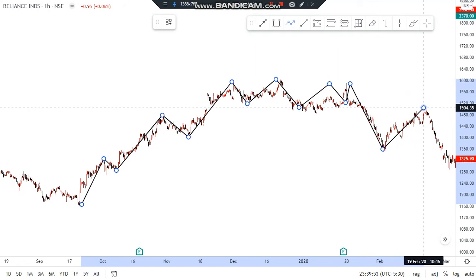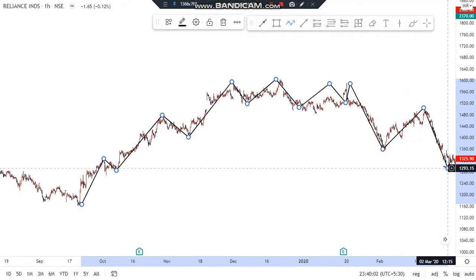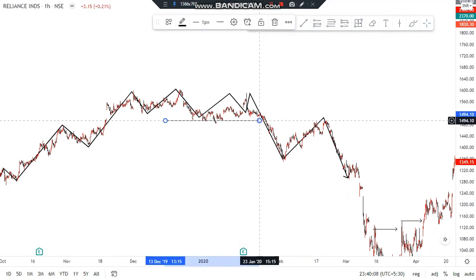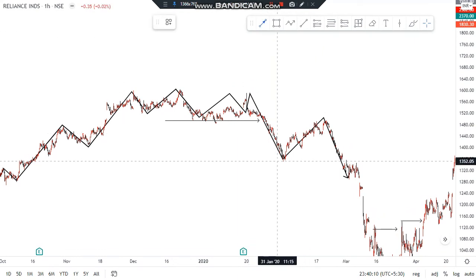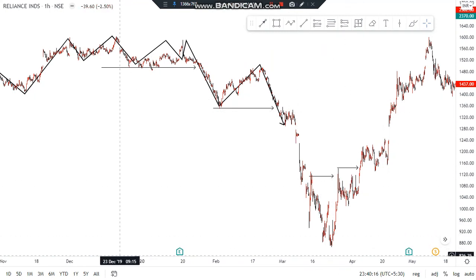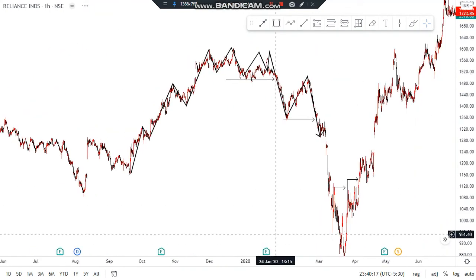Okay, went up doesn't mean an uptrend is likely to come, it means that it just went up in order to form a corrective move, then again broke structure. Okay, here two breakout structures, the first one being at this area, the second one being at this area. Okay, and then a downtrend is likely to happen. So this is how you identify breakout structure.